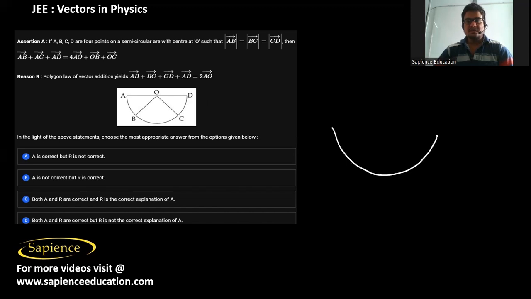So it is a semicircular arc like this. This is O, this is A, this is D, this is B, this is C. So their magnitudes are same, and these chord lengths are also same. AB length, BC length, and CD length are also same.